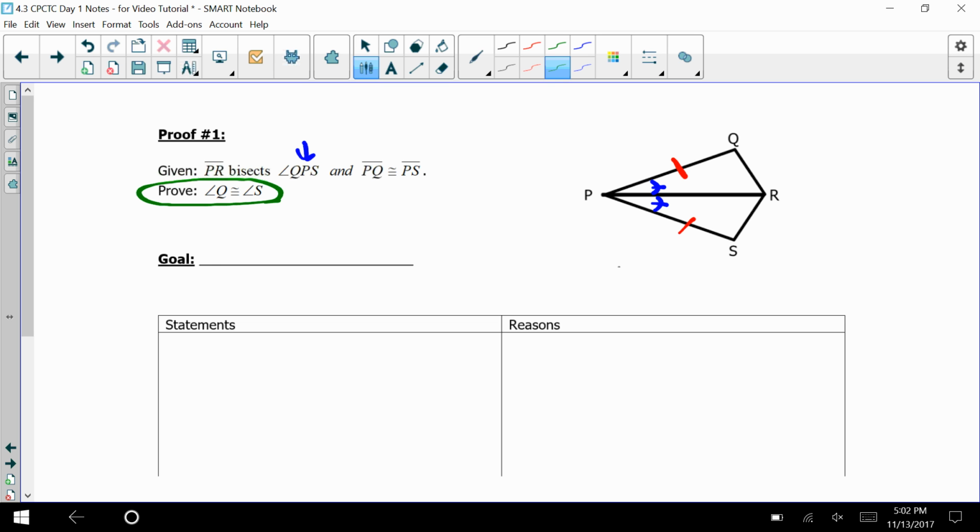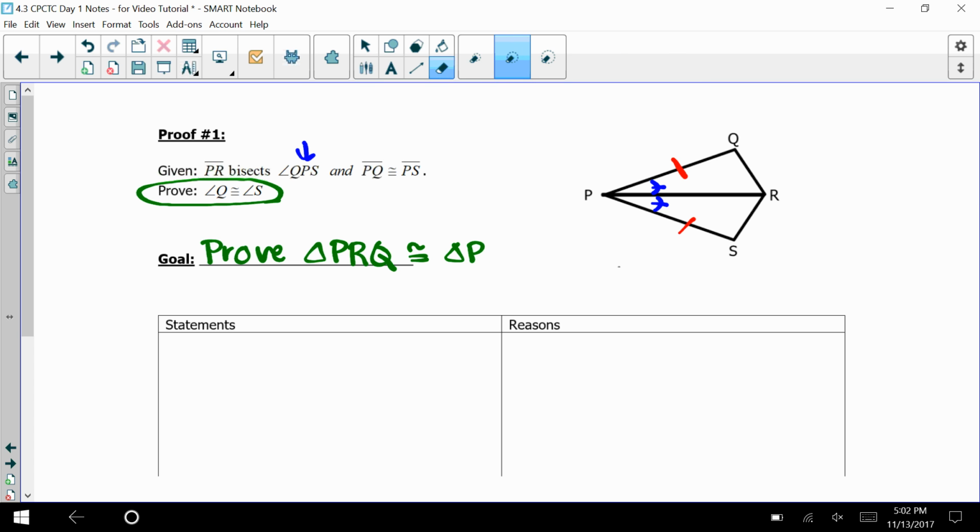But the goal of the problem is to prove that triangle PRQ is congruent to triangle PRS, so that we can say that Q and S are the corresponding parts of congruent triangles.